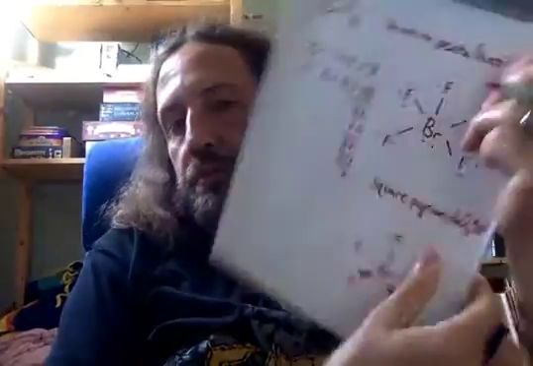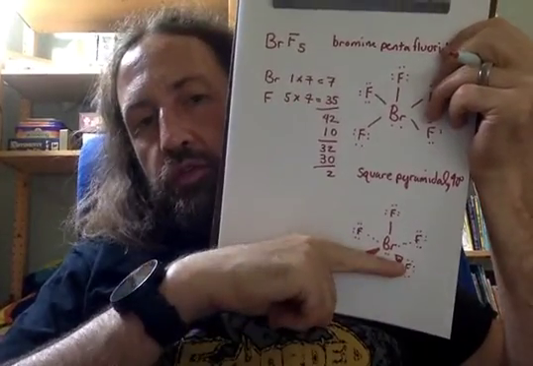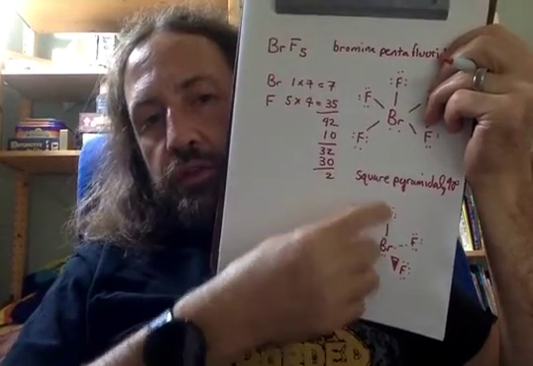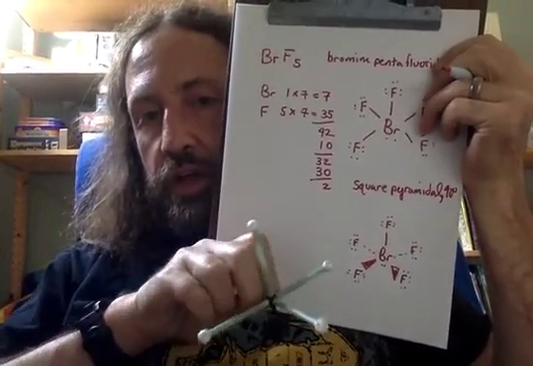And the reason why this is taking a minute is I'm putting all those unshared pairs on there, which you should do as well. And then I'm going to put the unshared pair on the bromine. So that's how it looks. And so the two forward, the one straight up, and the two back. You can kind of see how that resembles the model.